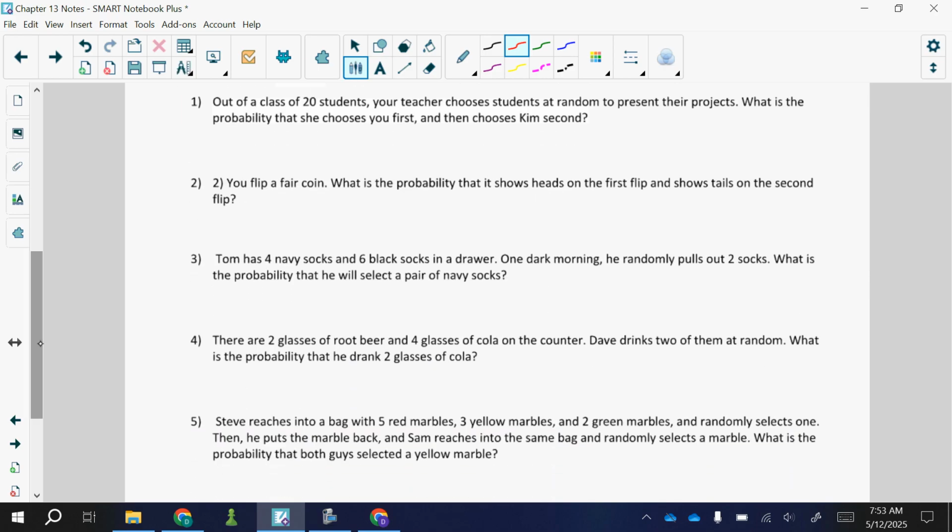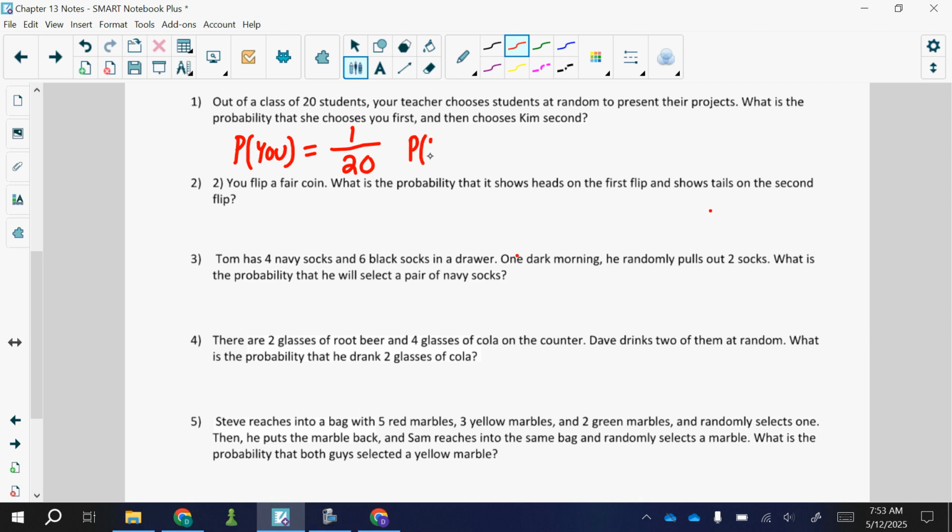Out of a class of 20 students, your teacher chooses students at random to present their project. What is the probability that the teacher chooses you first and then chooses Kim second? There are 20 kids in the class, and you are one of them. So first, the probability of you getting picked first is one person out of 20 people in the class.